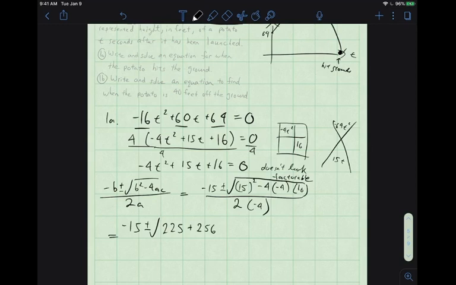Plus 256, we're fine. All over negative 8. 256 plus 225, 481. All over negative 8. Let's see if we can find the square root of this number.